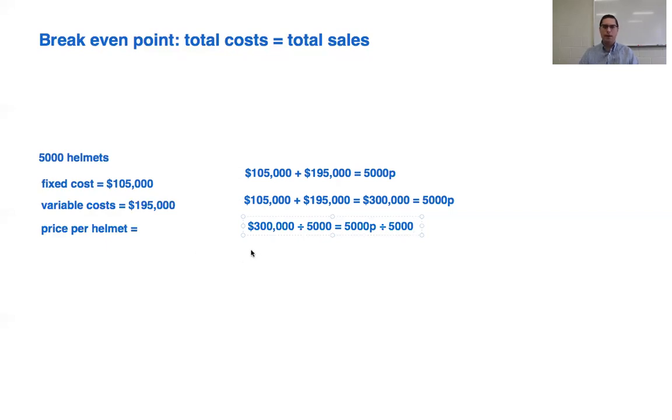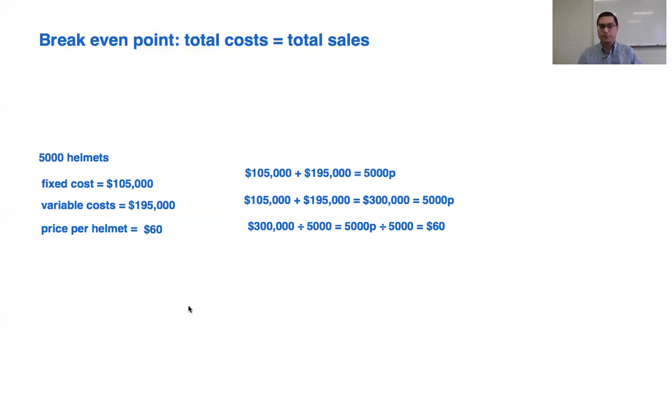There we go. And 300,000 divided by 5,000 equals, and I can just go ahead and extend this here. There we go. That equals $60. So the price per helmet is going to equal $60 if we're going to break even.